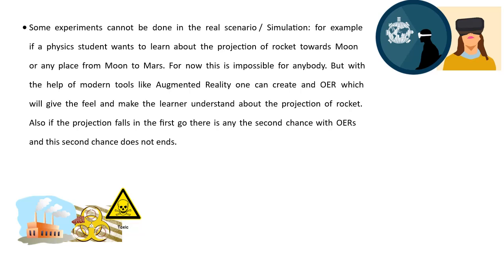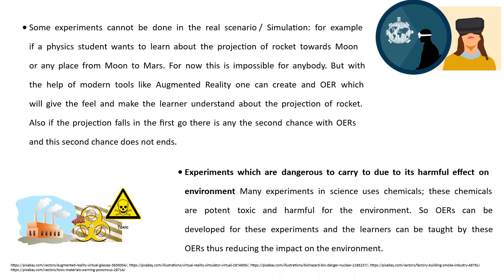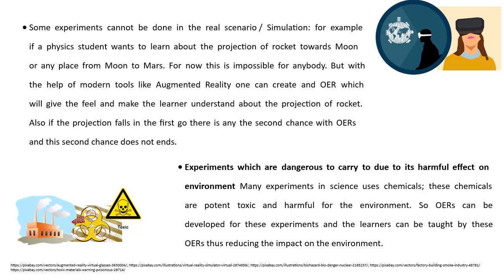But with the help of modern tools like augmented reality, one can create an OER which will give the feel and make the learner understand the projection of a rocket. Also, if the projection fails in the first go, there is a second chance with OERs, and this second chance does not end. The student can try it as many times as they like with that particular OER.